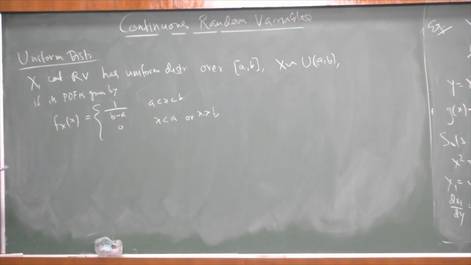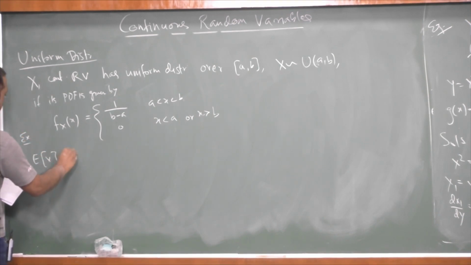Essentially we have used the CDF of uniform in some previous examples, but here I am formally defining the uniform, although we have used it in examples before. So this is a uniform distribution, the easiest one. Okay, and as an exercise you can find the expectation of X and variance of X.